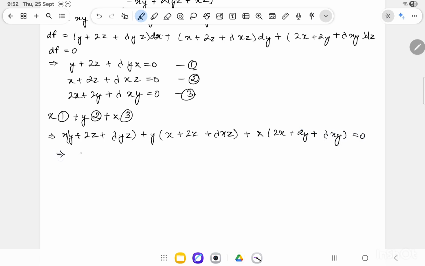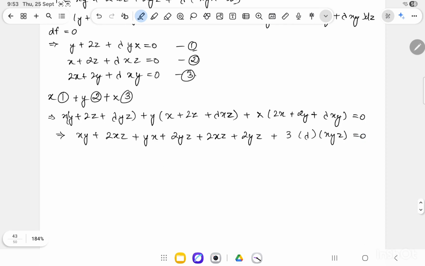If I simplify it, I'll get xy plus 2xz plus yx plus 2yz plus 2xz plus 2yz plus 3 times lambda xyz. And we know that xyz is given to us as 32.